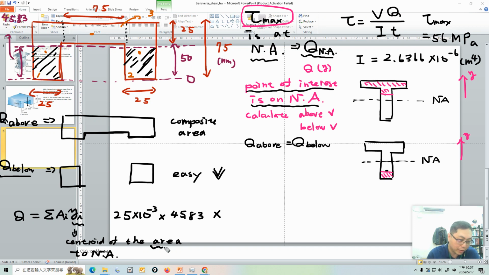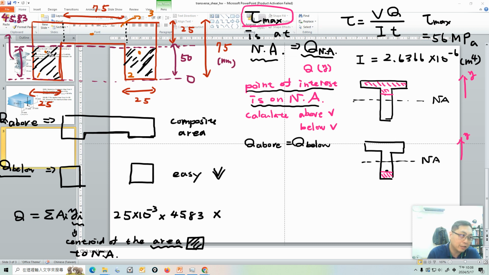You have to be careful. It's the black slash part. So that's the centroid of the shaded area. So where is the centroid of the shaded area? It's not this.